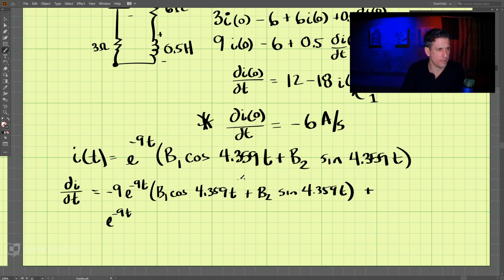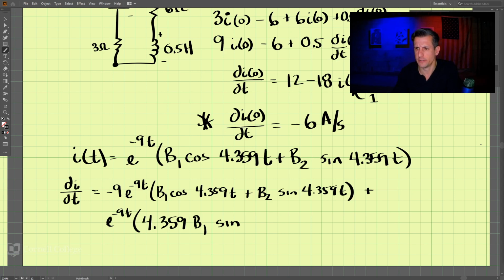And take the derivative of this, where we have 4.359 b1. The derivative of cosine is negative sine, so we need a negative out here.